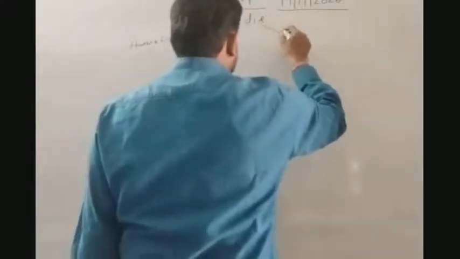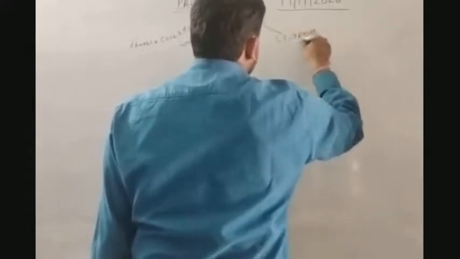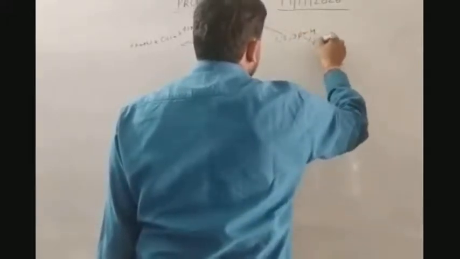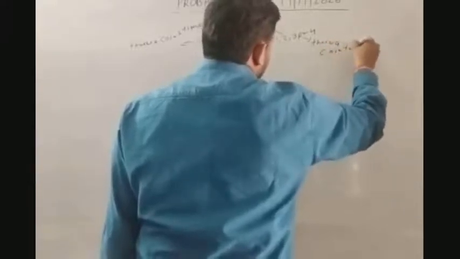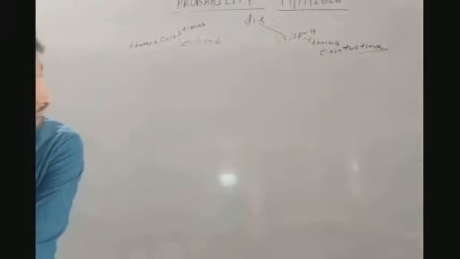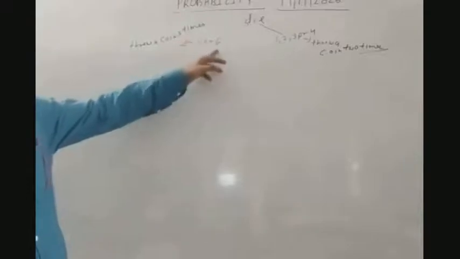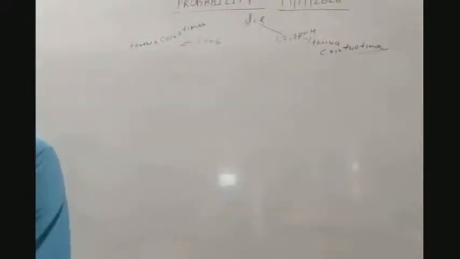If it comes 1, 2, 3 or 4, then she throws a coin 2 times. Okay, this is the question. She tosses a coin 3 times and here 2 times, and notes the number of heads.